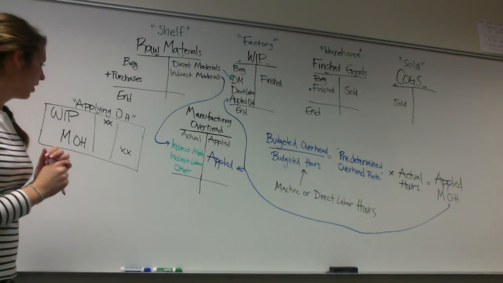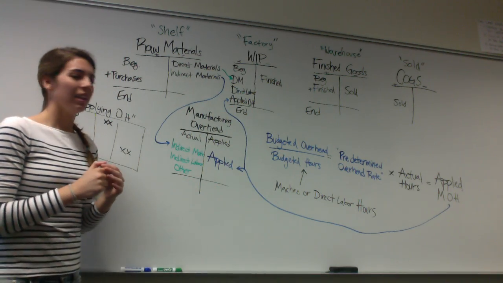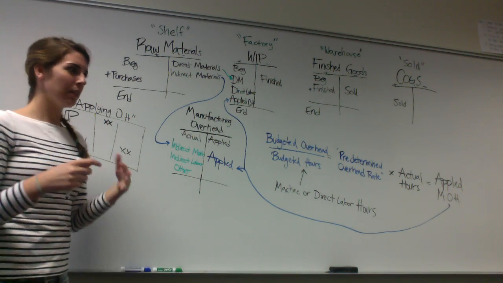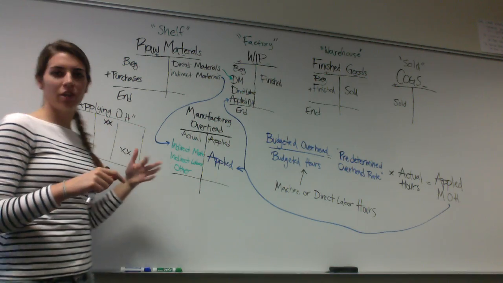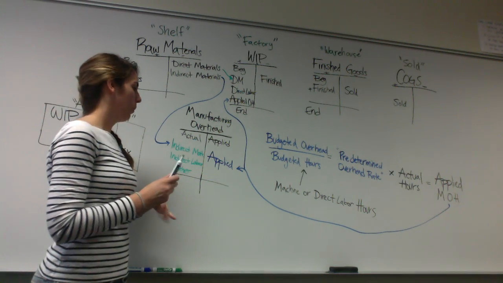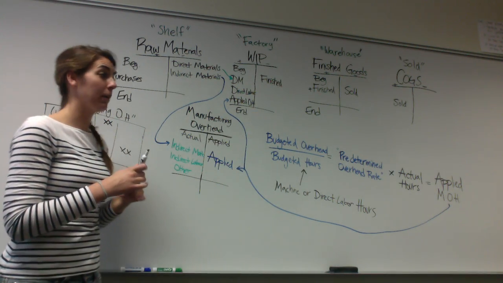Okay. So once we get that, we put it in here. And again, this applied overhead is just like an estimate. All of our actual expenses haven't rolled in yet, or our actual bills for how much direct materials or direct labor is, so we wanted to make an estimate ahead of time just so we could anticipate what the cost of goods sold were going to be.